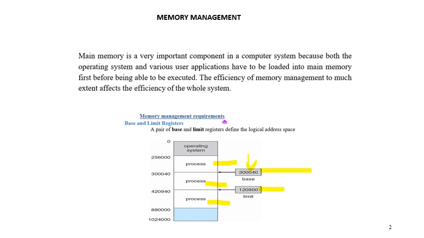Here, if binding is delayed until runtime, the process can be moved during its execution from one memory segment to another. So it needs hardware support for address maps. During execution time, these base registers and limit registers are useful for us, and they help us search for where the file is present very easily.